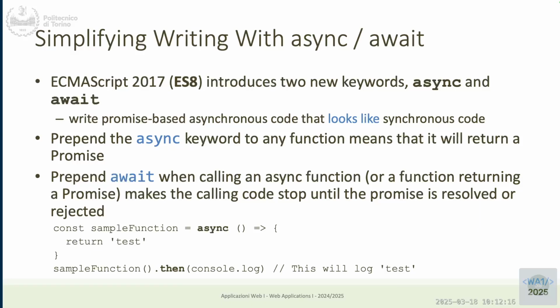So inside an asynchronous function, when I write return, I'm actually calling the resolve method for the promise. And for rejecting the promise, I just have to throw an exception. So whenever an exception happens inside the function, the promise will be rejected.